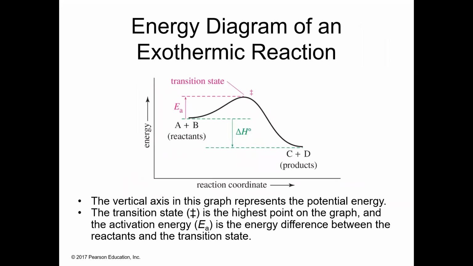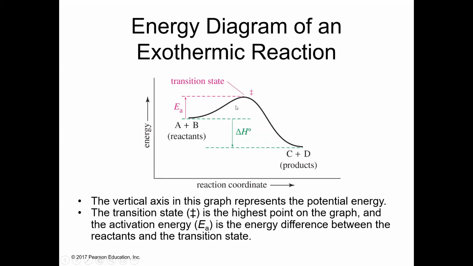Okay, so here's a one-step exothermic reaction. We have the energy of the reactants. And going from that level up to the maximum here, that difference in energy is the activation energy.